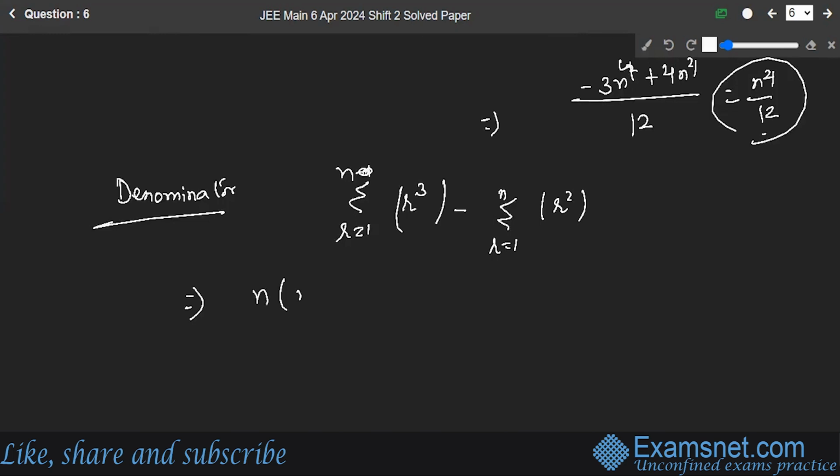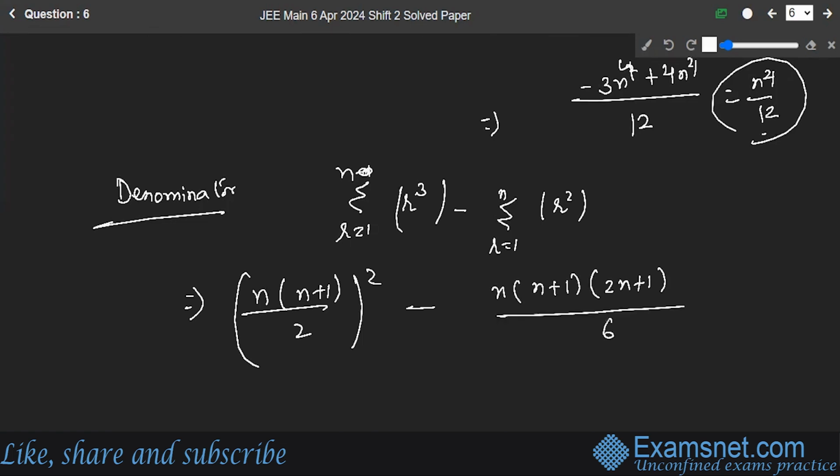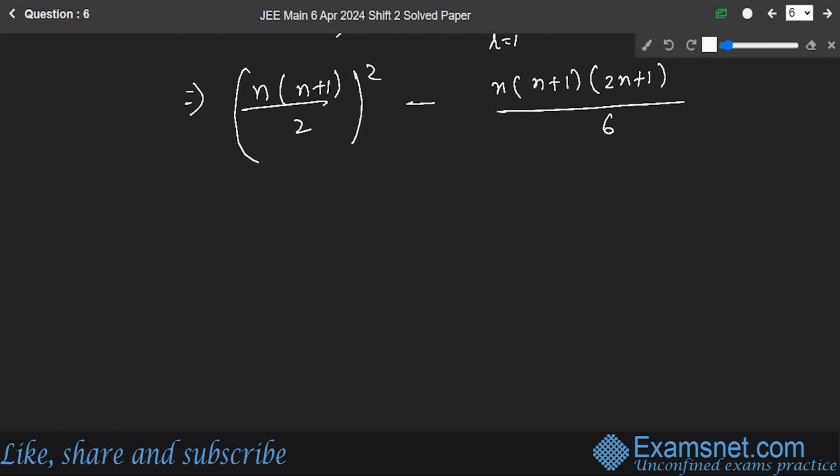So this is n into n plus 1 upon 2 whole square, minus n into n plus 1 into 2n plus 1 upon 6. Again, taking the greatest power of n, this gives n power 4 by 4. No, it is not n power 4 over here for the second term, so this is 0 into n power 4. This is equal to n power 4 upon 4.